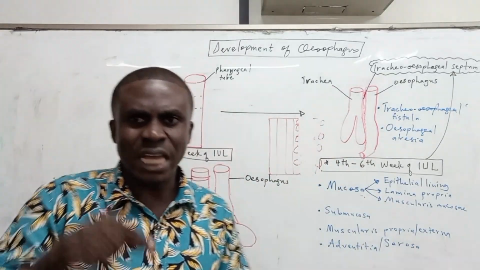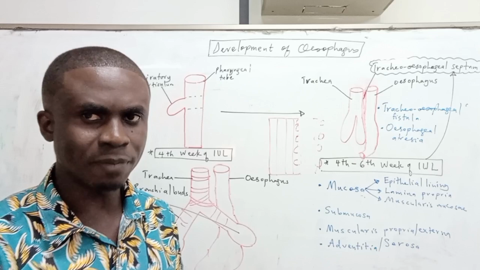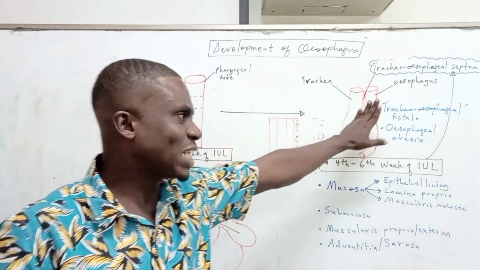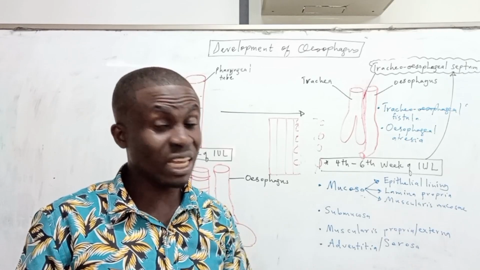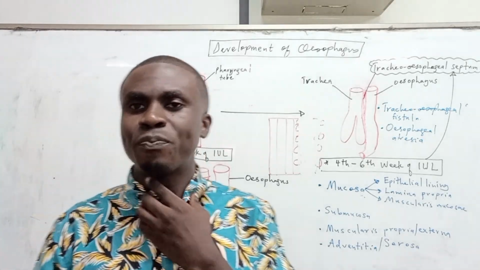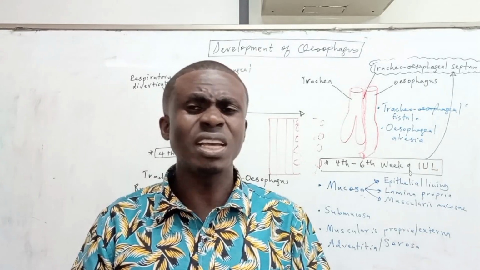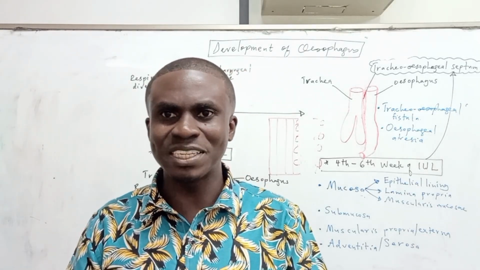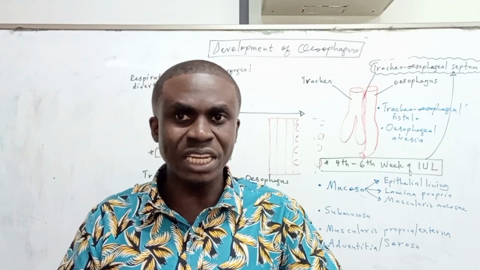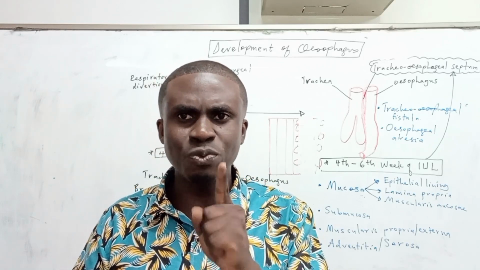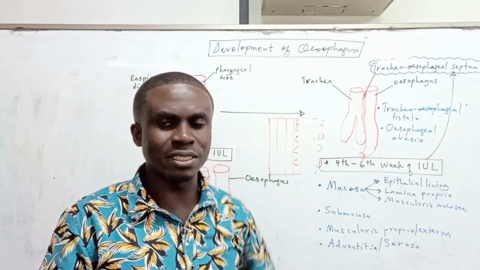So the lumen will become so small, with difficulty in swallowing. Now, oftentimes, as I told you, these congenital anomalies of the oesophagus are very common, especially in premature babies. And when that happens, in about 60% of the cases of these premature individuals, what we find is that they will be associated with other congenital anomalies.